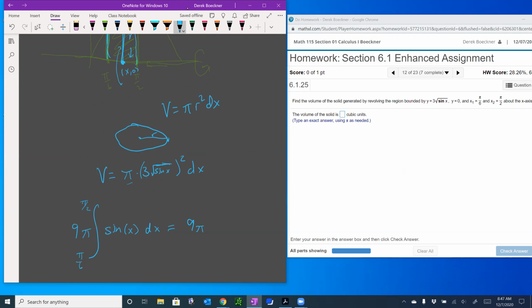So this will be 9 pi. The integral of the sine is the minus cosine. I'm going to evaluate that at pi over 6 and pi over 2.